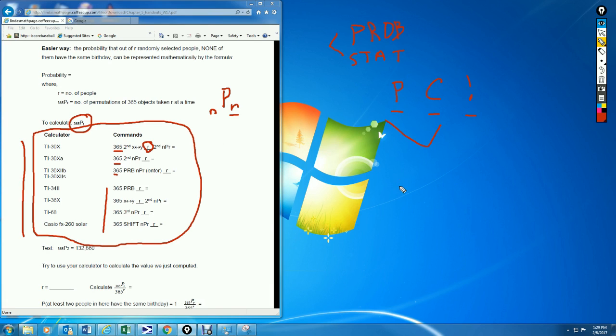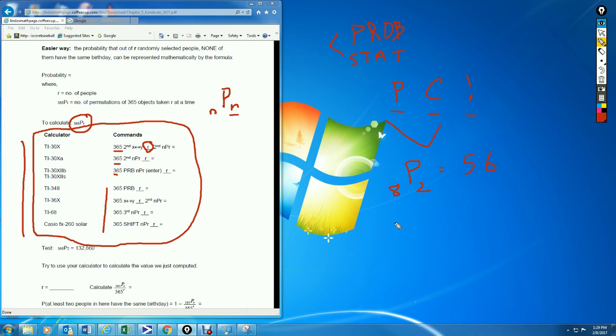Let me give you a couple more easier test cases. 8P2 is equal to 56. So in other words, the permutation of 8 objects taken 2 at a time is 56. And then as long as we're learning how to do permutations, go ahead and find your combination button.